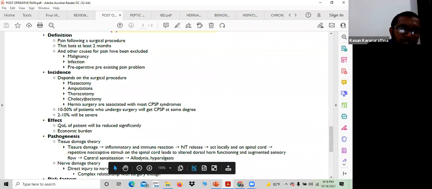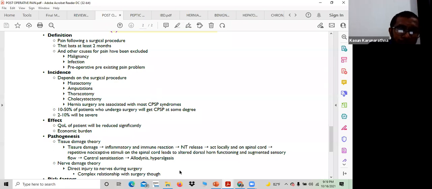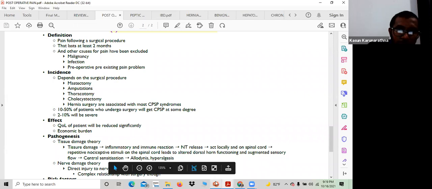These mastectomies, amputations, thoracotomy, cholecystectomy, and hernia surgery are associated with most of the chronic pain syndromes, right? That's about pain management.